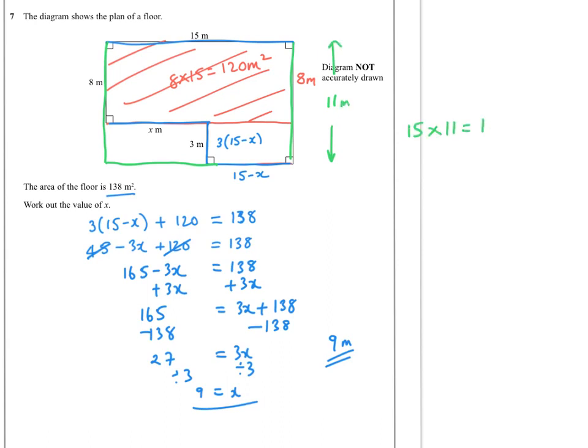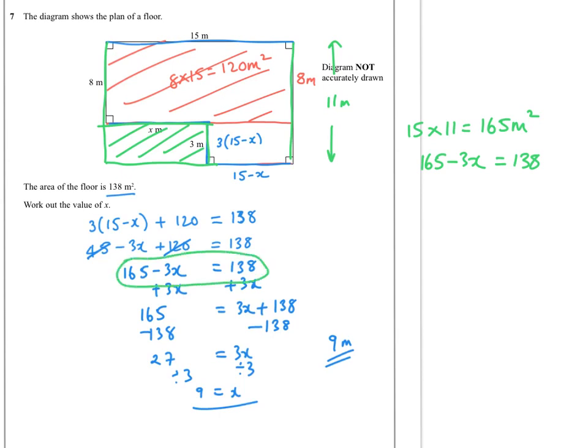So 15 times 11 is 165 metres squares, and then I'm just going to take away 3x from it, because that was the bit that was too much. So 165 minus 3x would be the whole area that I wanted, and that gets me down to this part immediately. So that's definitely one way of looking at it, and then you just carry on as normal from here.